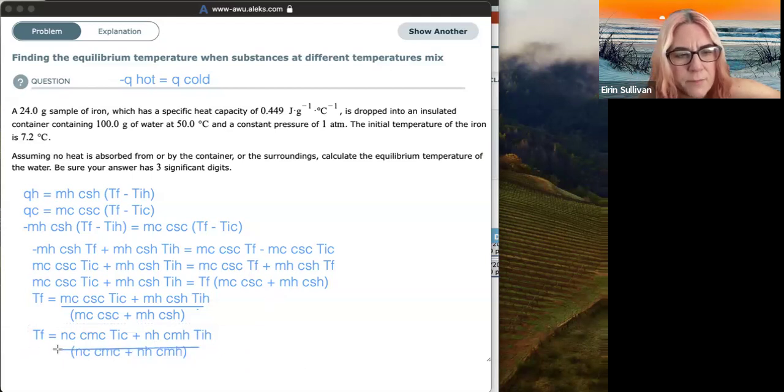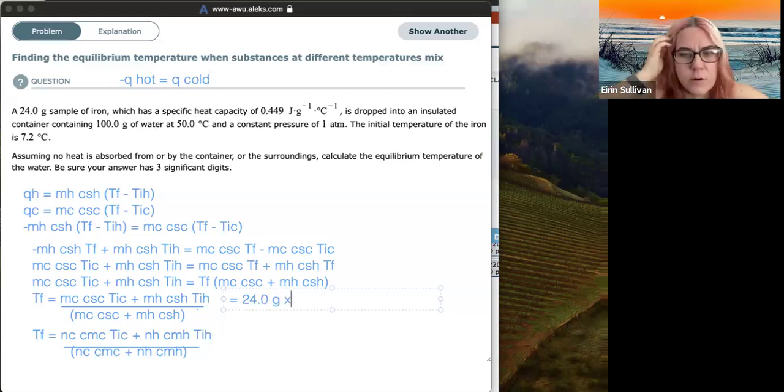So anyway, back to the problem at hand, which was solving for my final temperature. Okay, so the mass of the cold thing, let's see, what was hot and what was cold? I think the water was hot and the iron was cold. Doesn't matter as long as you pick one and you're consistent. Okay, so the mass of the cold iron was 24 grams.